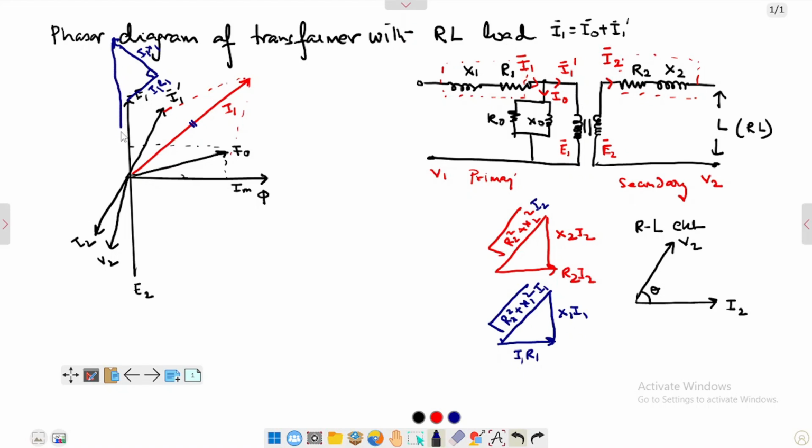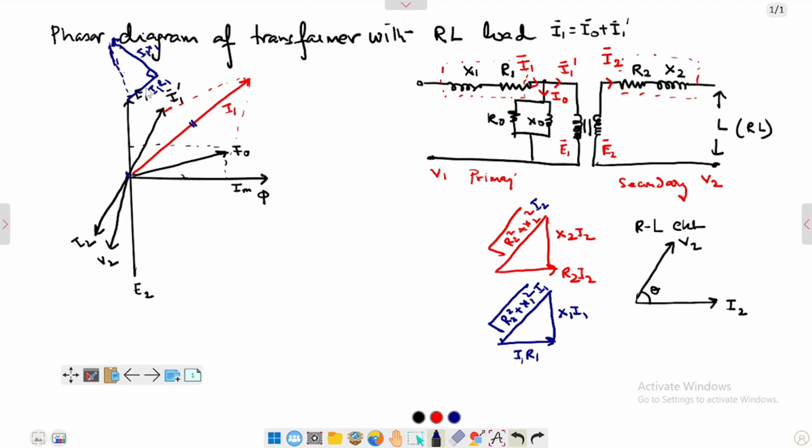And if I join this phasor with this point of line, wait a minute. You have to draw a straight line following from here till this point. So I will draw a straight line from here to here.